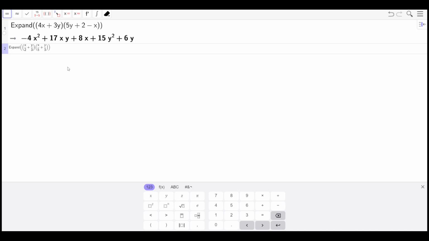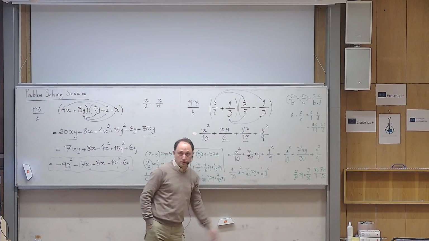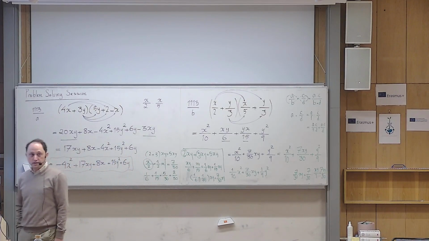So I don't know how GeoGebra will write this. Okay, so GeoGebra, I would guess, writes as coefficient, the standard way. So this is exactly the way that GeoGebra answers the question. Yes, is that clear?